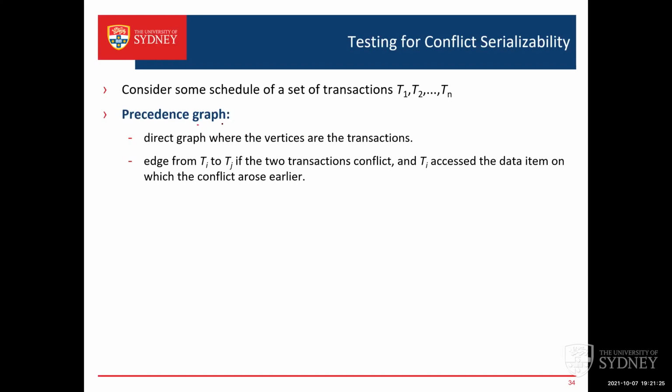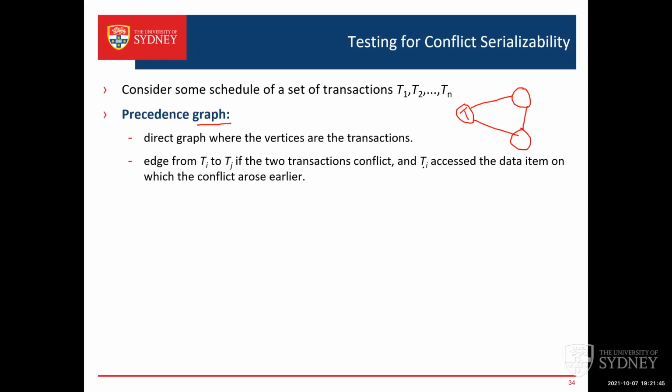Okay, first thing is graph. If you are not familiar with graphs, a graph is simply something like this, where we have some nodes or vertices, and there are some connections between them, known as edges. So these vertices will be my transactions.